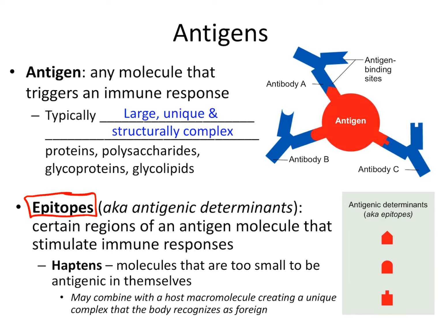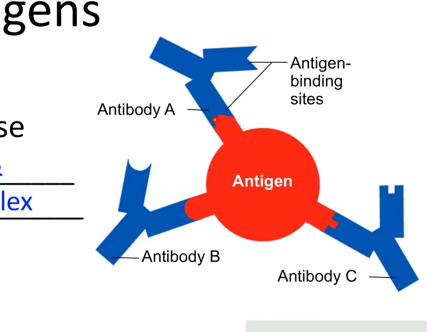Now, these molecules that are generally too small on their own but can combine with other molecules are referred to as haptens. Now, when your body is exposed to a particular antigen with each of its epitopes or antigenic determinants, this can trigger the production of antibodies that are very specific for binding to each of those epitopes.